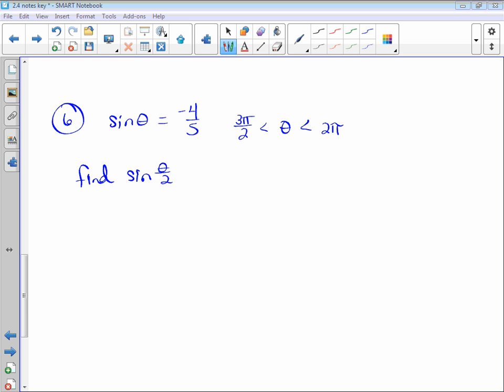No, use them, okay? That tells you plus or minus.